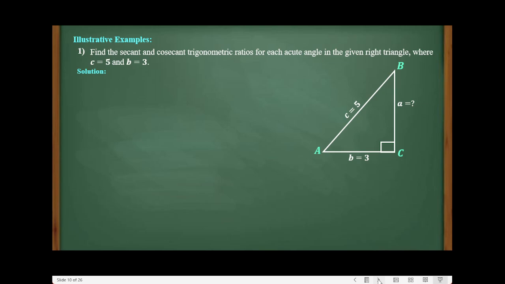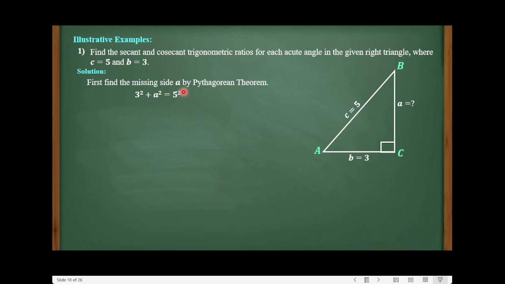Basically, we're going to use the Pythagorean theorem here, which states that the sum of the squares of the legs is equal to the square of the hypotenuse. So by setting up the equation, it becomes 3 squared plus a squared is equal to 5 squared.